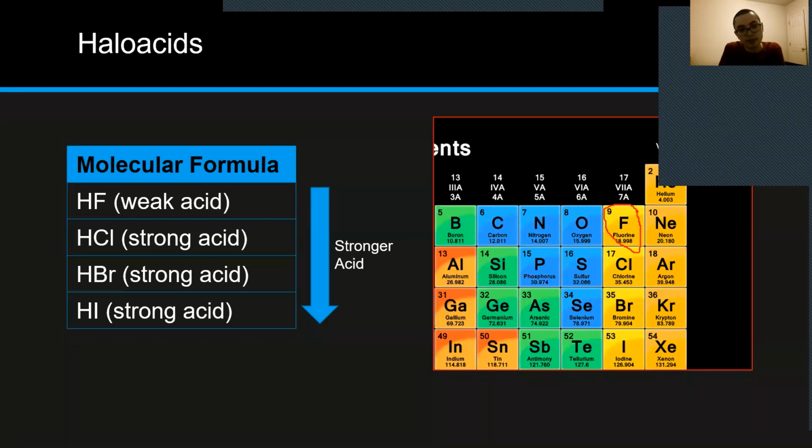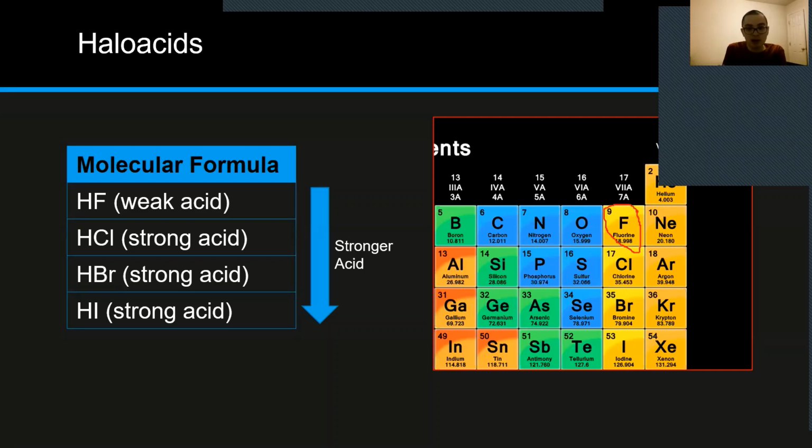Actually, there's also a different way we can think about this. If we're going down the group, halogen size increases. And what happens when the size of the halogen increases? It's going to make the bond length between the hydrogen and the halogen get bigger also.